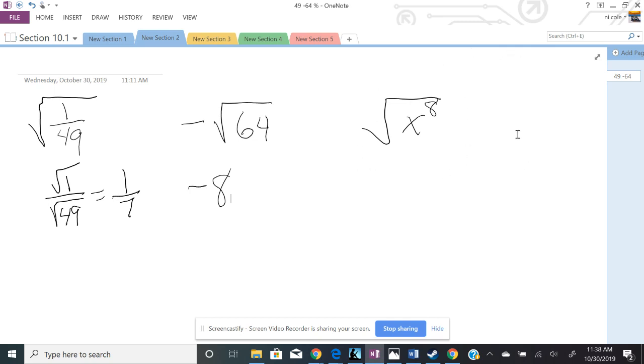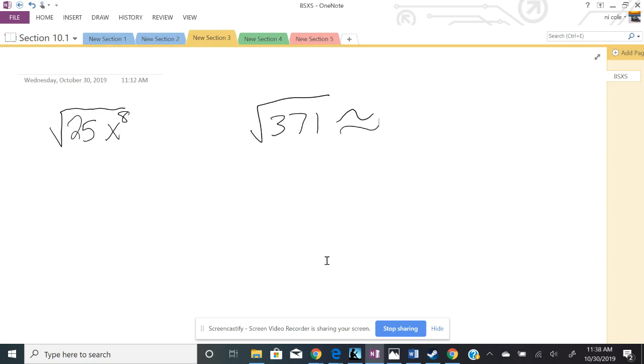What happens when we do variables? So what times what gives me x to the 8th? Okay, and that is x to the 4th. Now I will talk a little bit about something else going on that makes that a little bit easier later on in this section. Now again here, you could have a combination of both things.